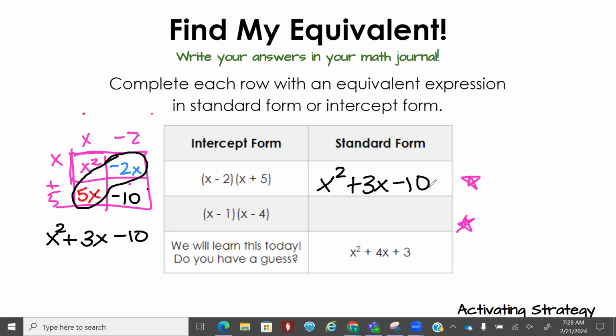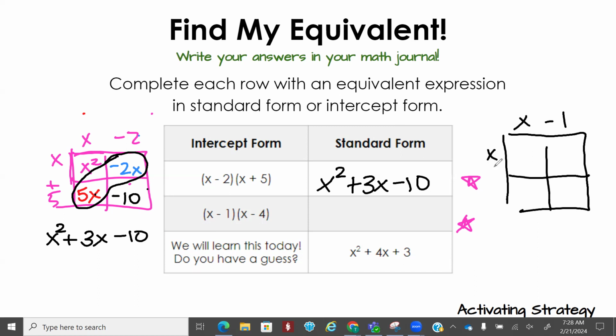Okay. On the next one, if we have x minus 1 and x minus 4, x times x gives us x squared. X times -1 is -1x. -4 times x gives us -4x.